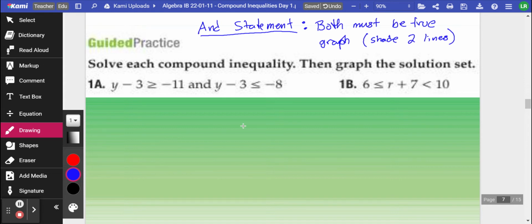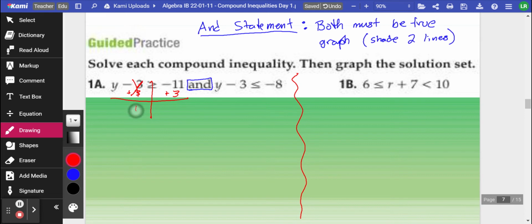So, for this first one, we have y minus 3 is greater than or equal to negative 11. And, so it's already split up, y minus 3 is less than or equal to negative 8. So I have two problems to do separately. So, for this first one, there's my y. Negative 3 doesn't have a y, so I'm going to add 3 to both sides.